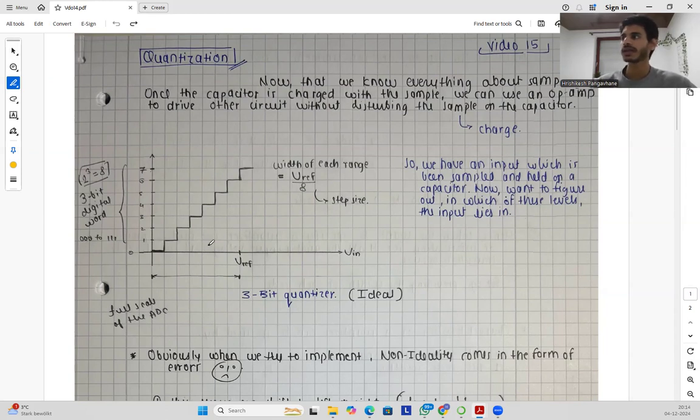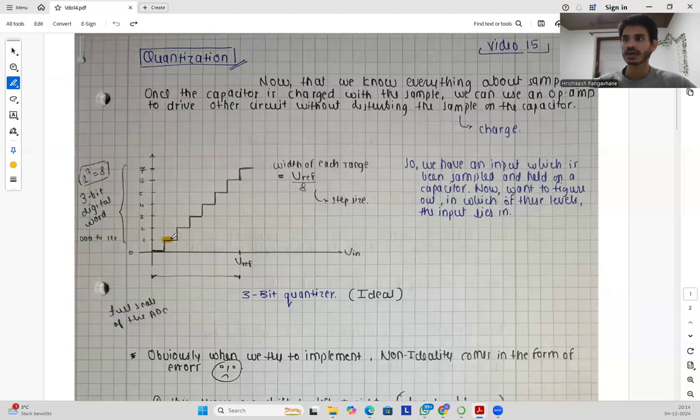Let's say we have an input which is being sampled and held on a capacitor. Now we want to figure out in which of these levels the input lies. These are the levels, and this is the width of each range.